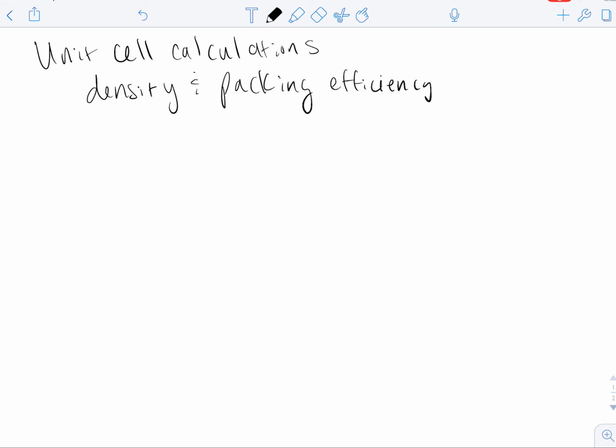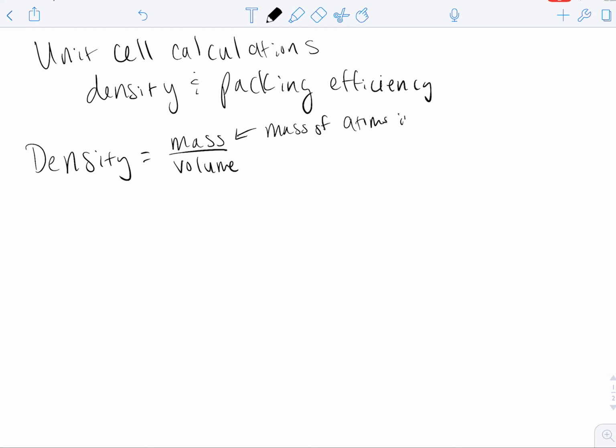Okay, so with our density, we're looking at mass over volume. And since we're talking about a unit cell density, we're talking about the mass of atoms in the unit cell divided by the volume of the unit cell.